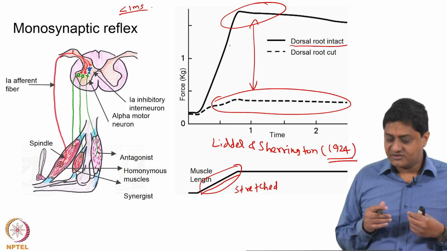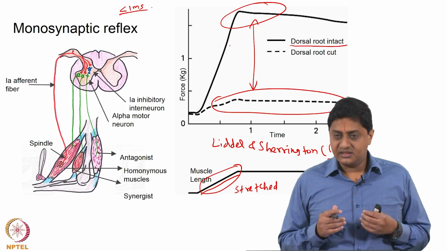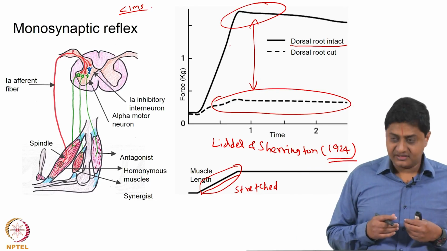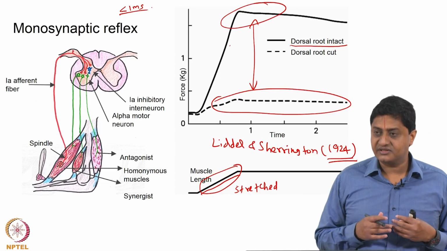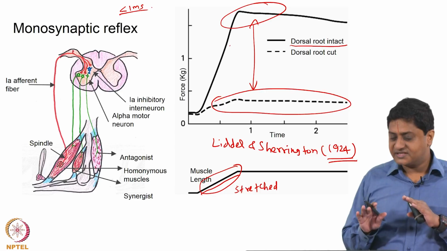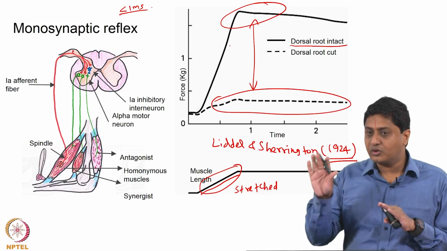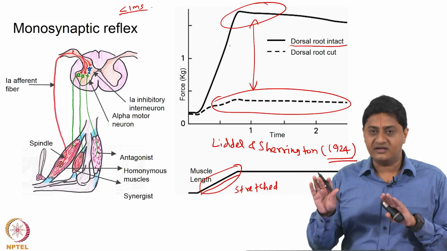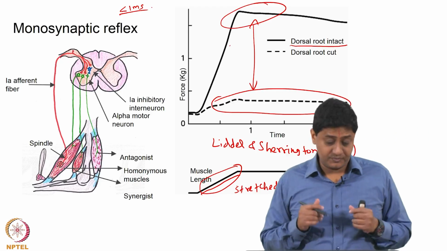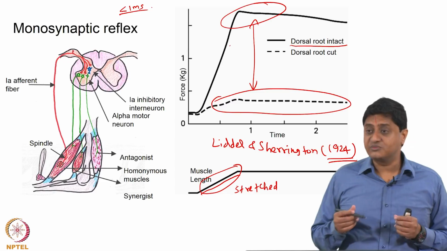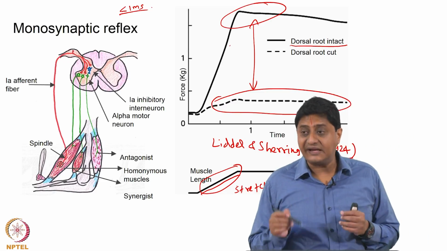It does two things. First, it activates the flexors and inhibits the extensors. So, there is simultaneous activation of one group of muscles and inhibition of the other group of muscles. Not just that, there is more. Suppose this painful stimulus is on my right leg.